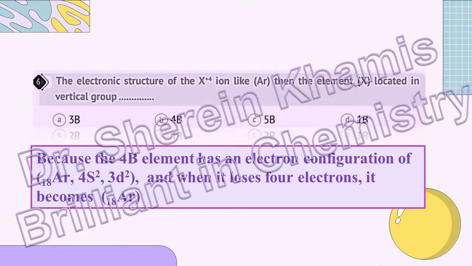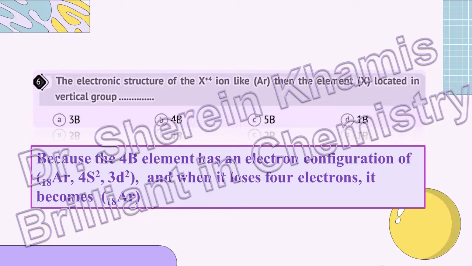A 4B element has the electronic configuration of argon 18, 4s2, 3d2. So which group will it be in? But when it loses 4 electrons, it becomes argon 18 only.